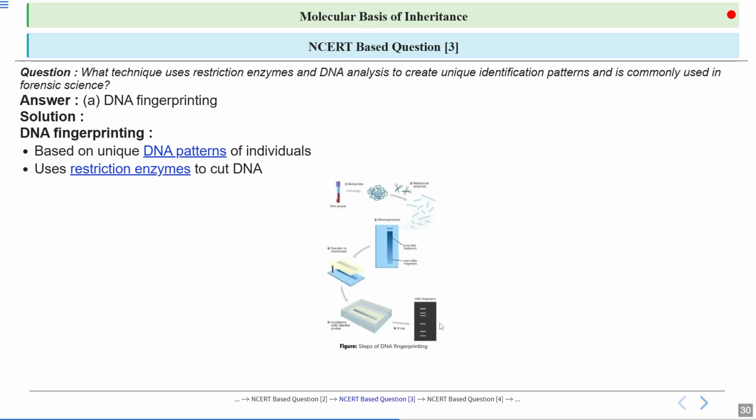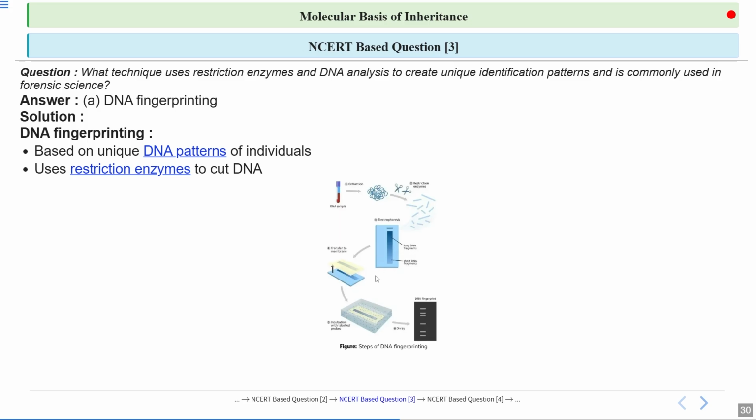So here are the different steps of DNA fingerprinting. First, they extract the DNA sample. Then they use restriction enzyme to cut the DNA fragments. Then they run electrophoresis. Long DNA fragments will remain above, and short ones will come beneath. Then they transfer it to a membrane. This is the southern blotting we were talking about.